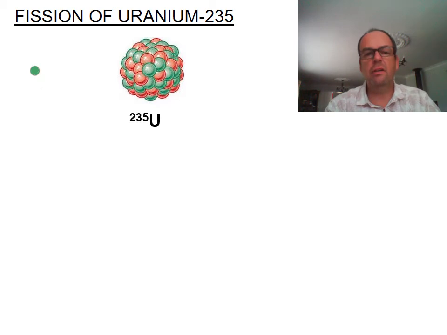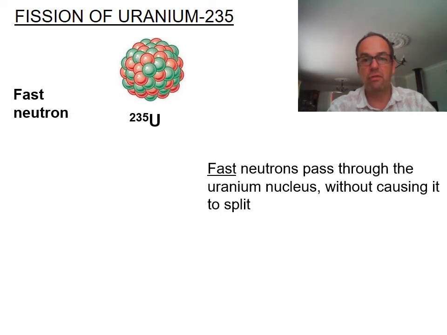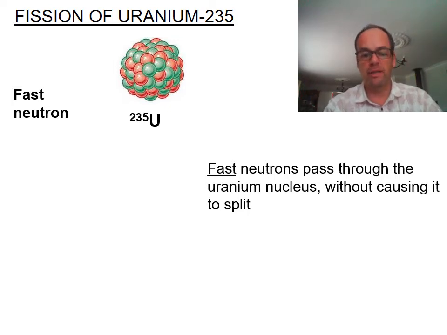Okay, so let's look at why it has to be a slow-moving neutron and not a fast-moving neutron. If we were to fire a fast-moving neutron at the nucleus of uranium-235, it would go straight through. I know this may be slightly hard to believe, but it just passes straight through the nucleus. It doesn't get absorbed. It's not captured by the nucleus, and therefore it doesn't split.